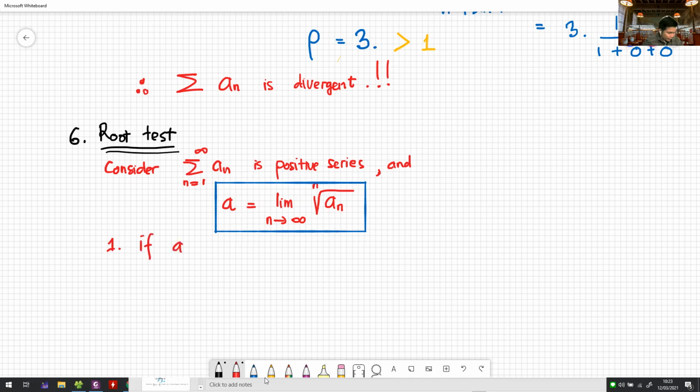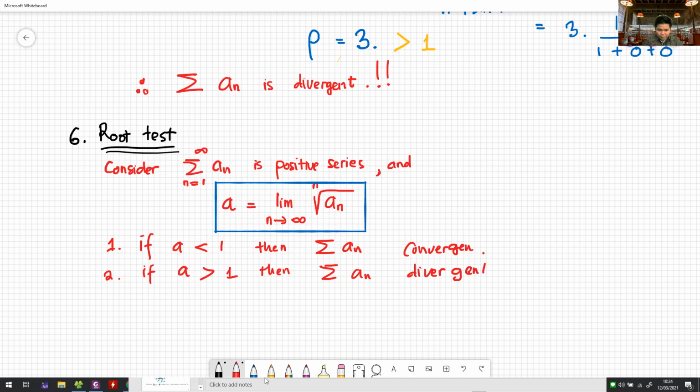if A is less than 1, then the series a_n converges. And the second one, if A is larger than 1, then the series a_n diverges.